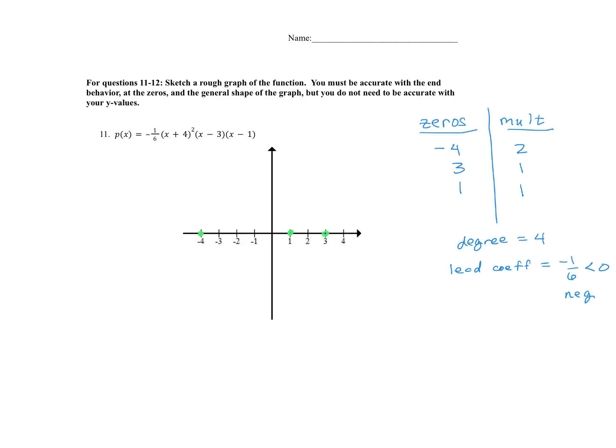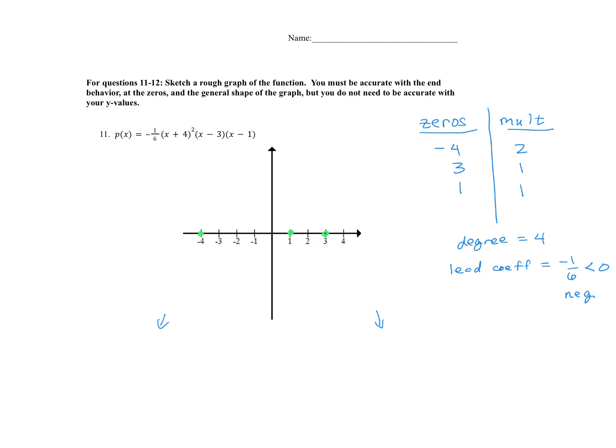So I'm going to put little low arrows here and low arrows there. So now I'm going to come up and draw this graph using the multiplicities. Now remember, we're not really focusing on how high or low the y numbers are. We're focusing on really the zeros and the shape.